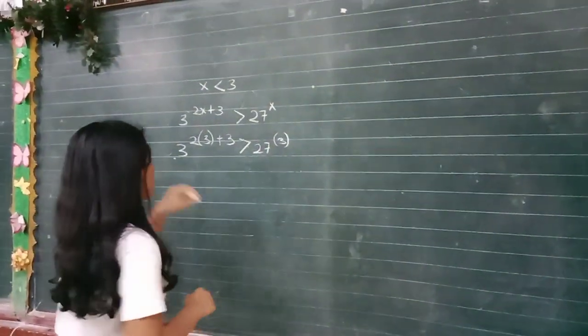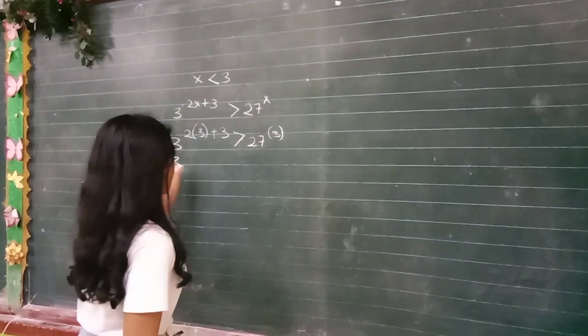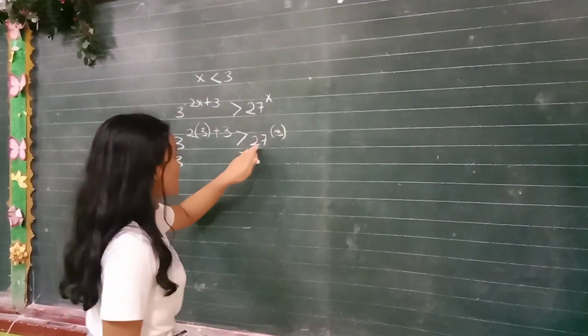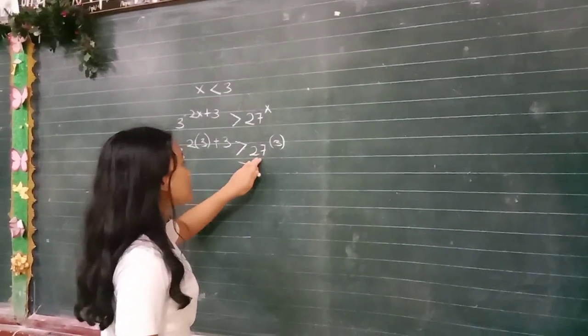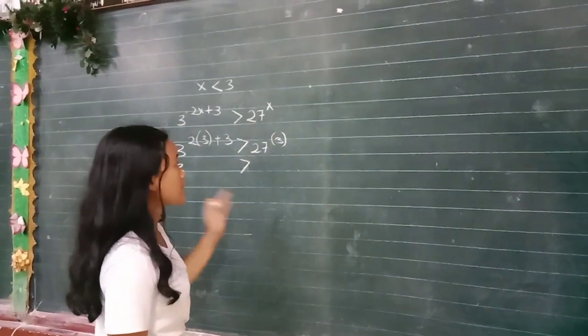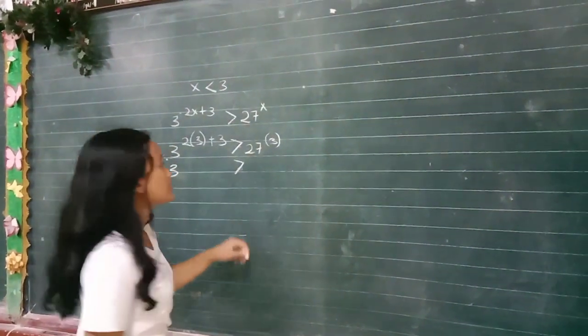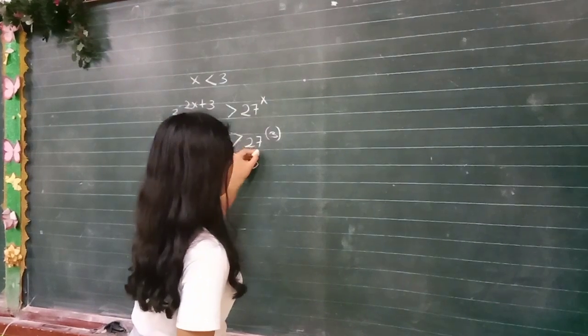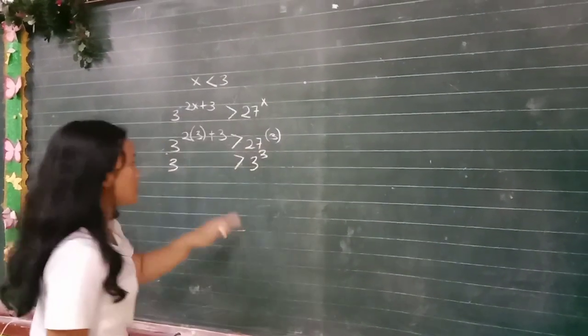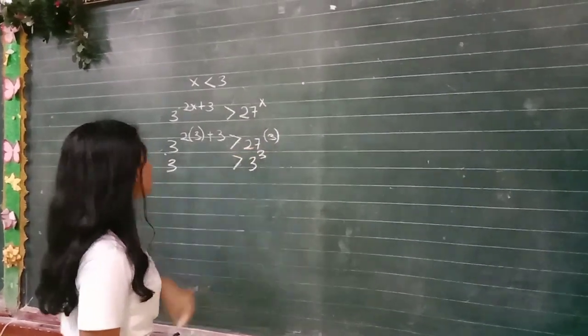So, we bring down the 3. Same here, the 27, since 3 times 3 times 3 is equal to 27, becomes 3 raised to the power of 3.